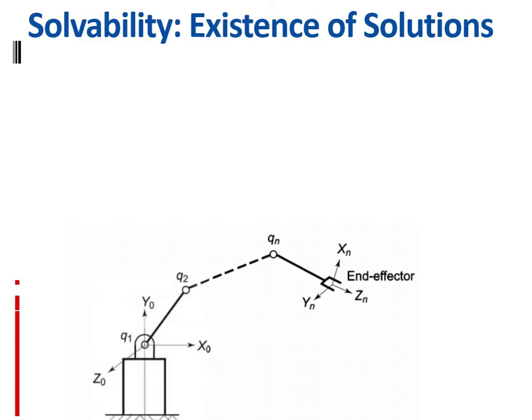If it can reach within the workspace, it will have a solution; otherwise there will be no solution. If the desired point P lies outside the reachable workspace, there is no solution. We have already discussed the workspaces. If the point P lies inside the workspace, the solution will exist; otherwise no solution exists.